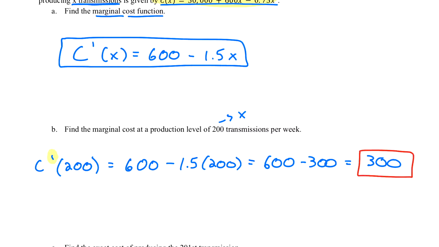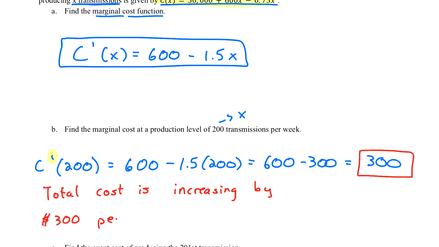Here, because our derivative was positive, we can say that our total cost is increasing by about $300 per unit. So I would say the total cost is increasing by $300 per transmission.